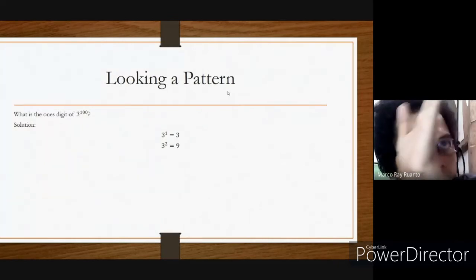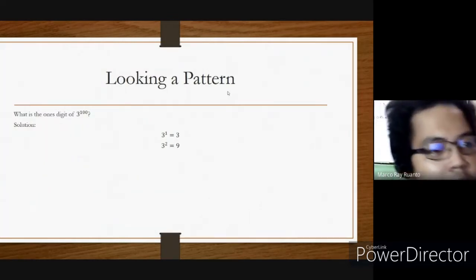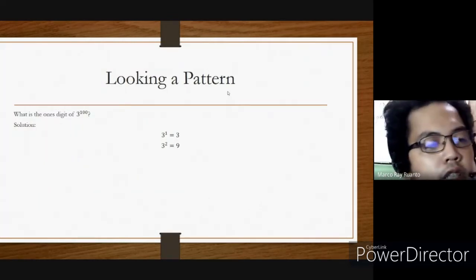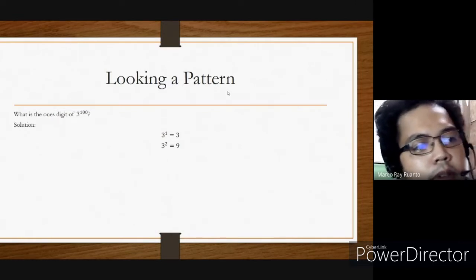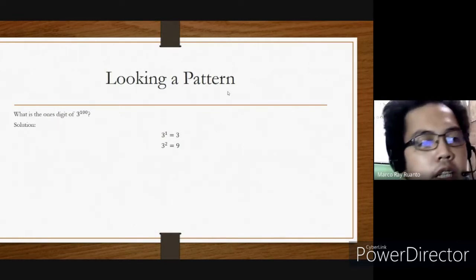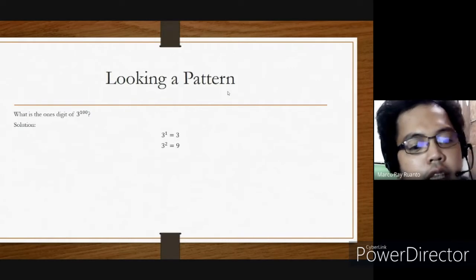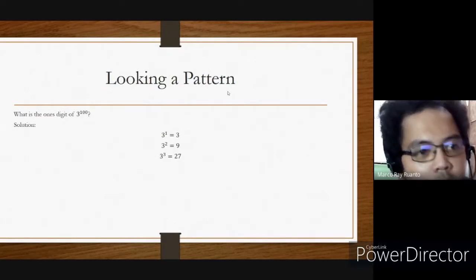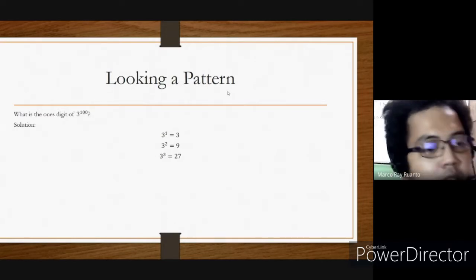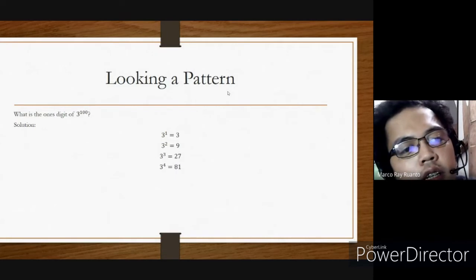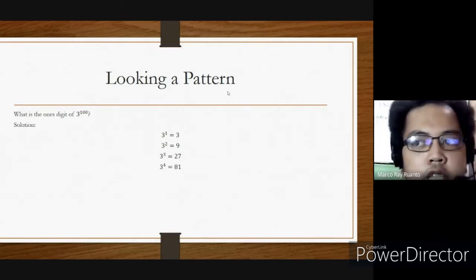The ones digit is the last digit of the number. 3 to the power of 2 is 9, and the ones digit here is 9. 3 to the power of 3 is 27, and the ones digit here is 7. 3 to the power of 4 is 81, and the ones digit is 1.